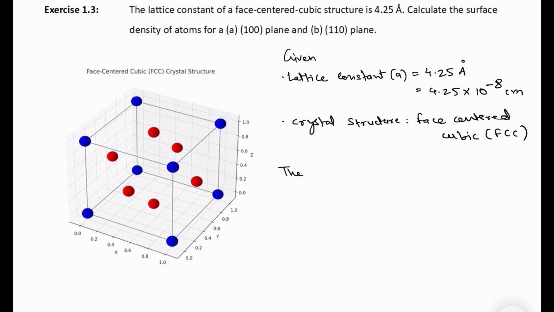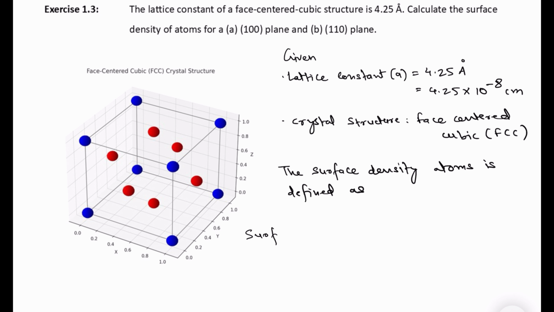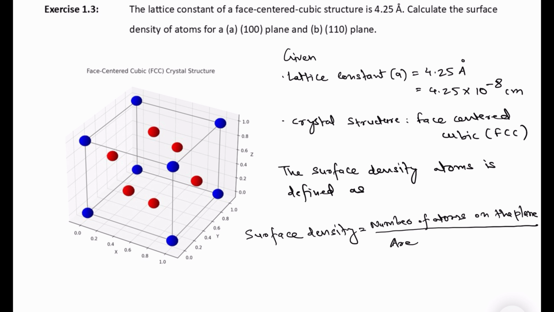The surface density of atoms is defined as surface density equals number of atoms on the plane over area of the plane.